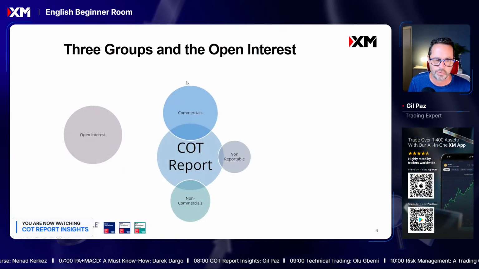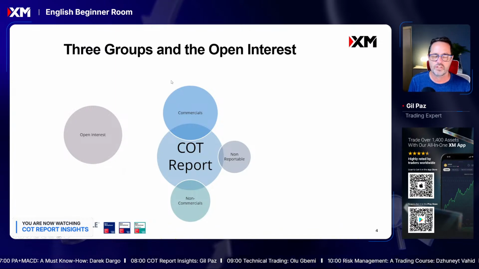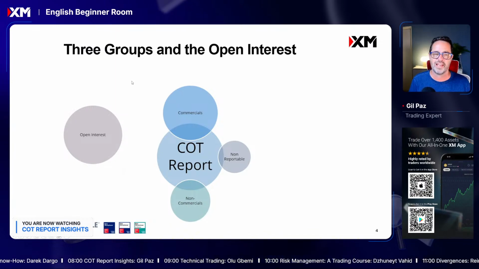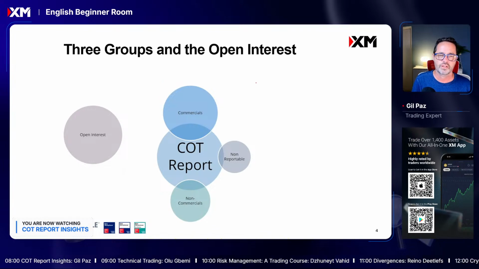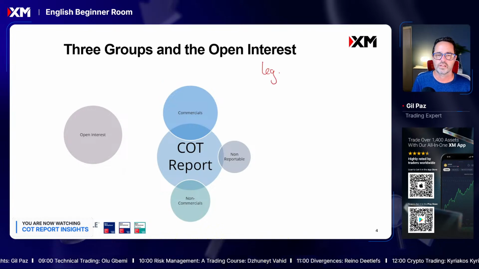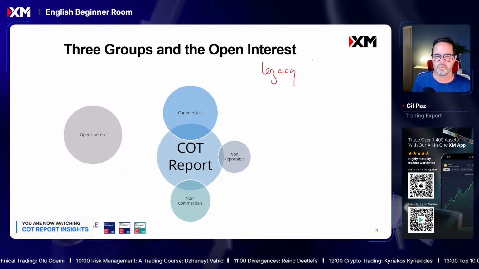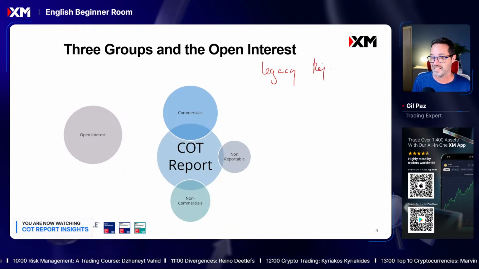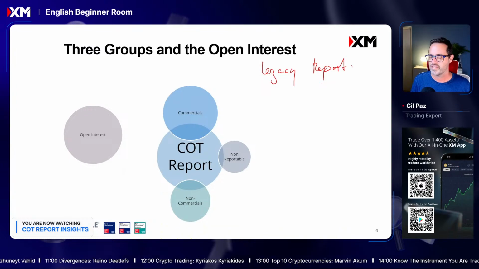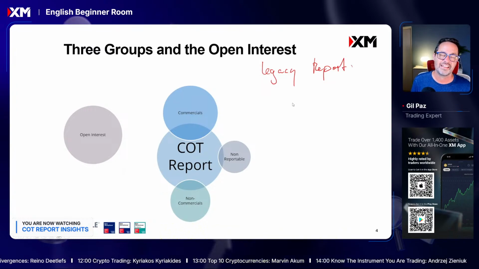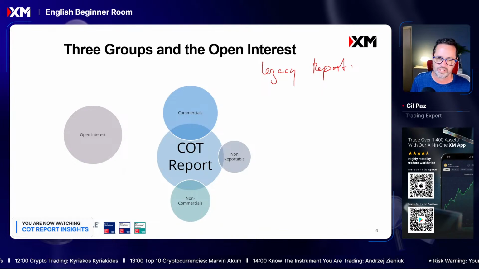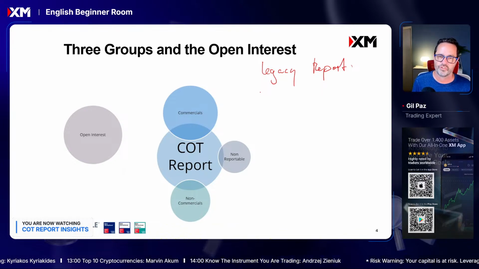The first report is the old report. It's also called the legacy report. This report, by the way, exists since the 60s, I think. We have data until 1986, if I'm not mistaken, to download for Excel.